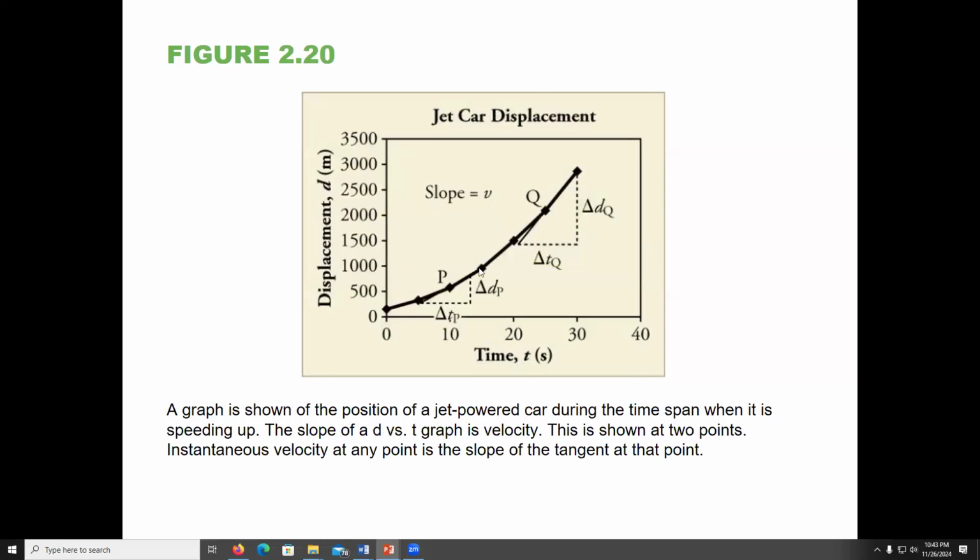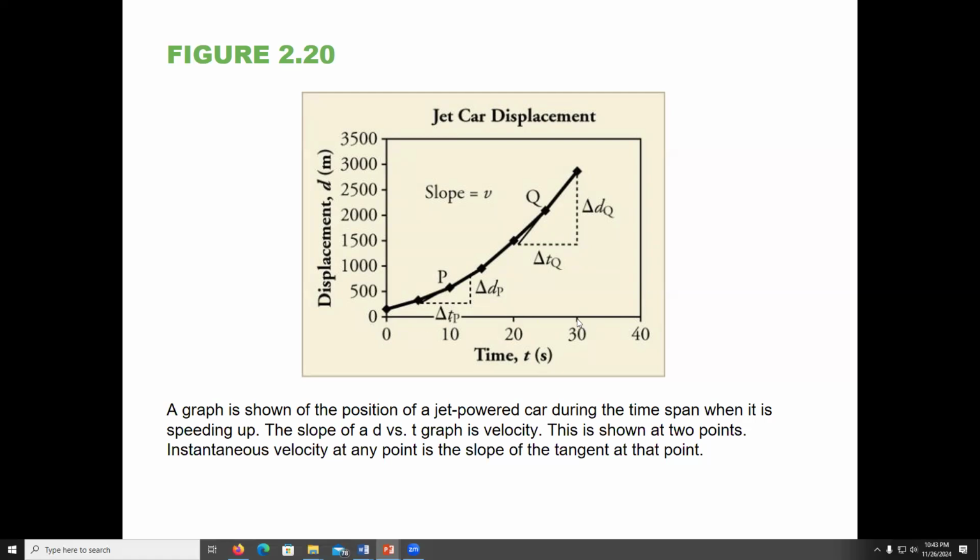Okay, so this graph here shows you displacement versus time. What is the slope of displacement versus time? Displacement divided by time. The average velocity is going to be the whole displacement that we took divided by all the time the trip took.